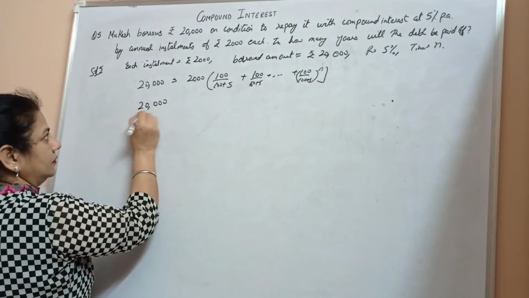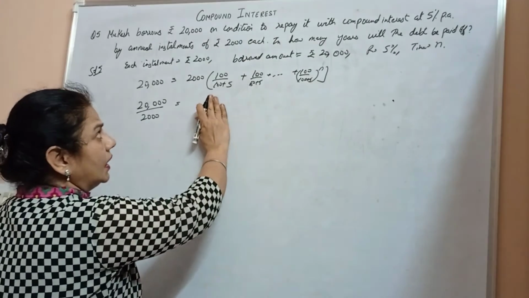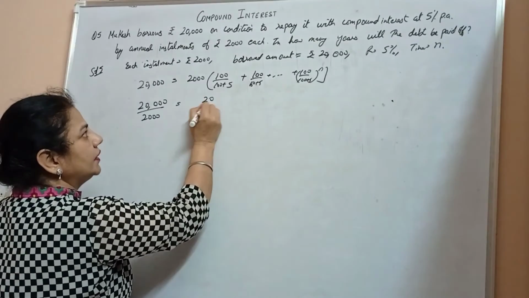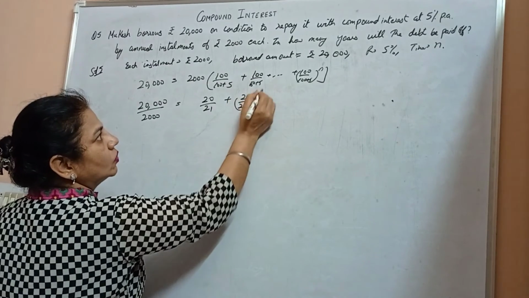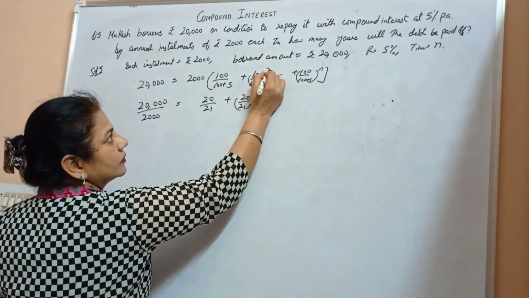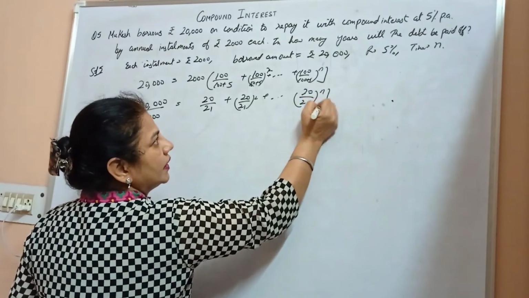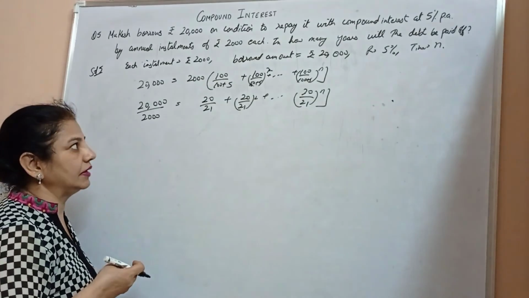So we have 20,000 divided by 2,000 equals, again this can be written, 100 upon 105 is 20 upon 21, plus 20 upon 21 whole square, plus so on, 20 upon 21 whole to the power n, as we don't know the number of years and how many installments are being paid.